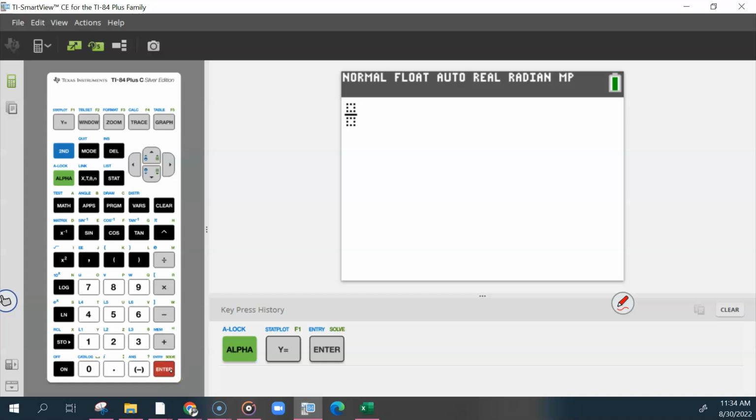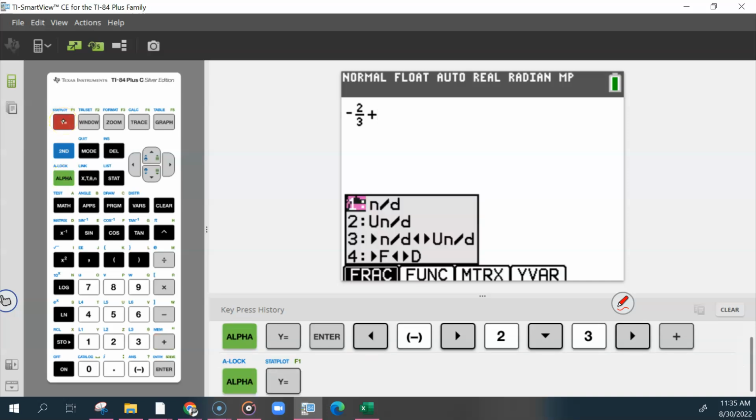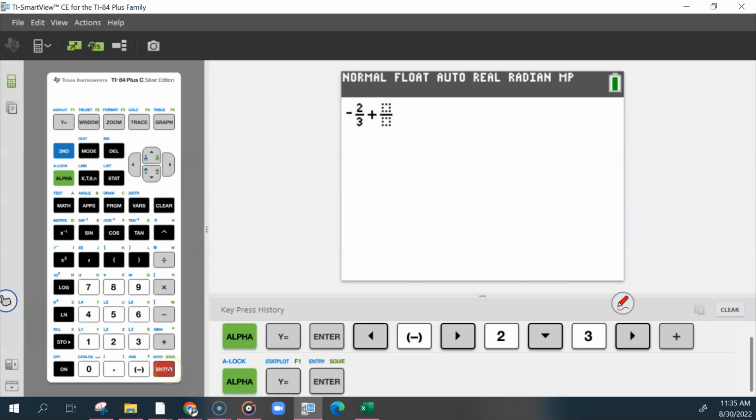And you should get a fraction bar. It was negative 2/3, so I'm going to scroll to the left in front of it and put a negative sign, which is the one at the bottom, not your minus. And then scroll back to the right and put in my fraction by just using my arrows to move around. And then if I move to the right, I can get out of that, hit plus, and then go back and do this again. Alpha y equals, grab my fraction, 1 or enter, and put in 5/6.